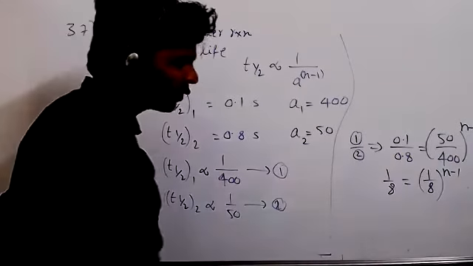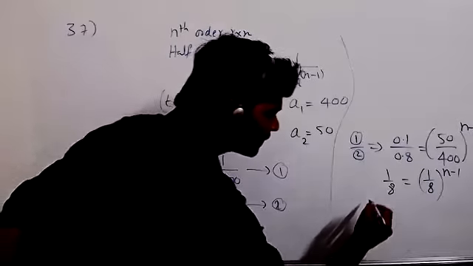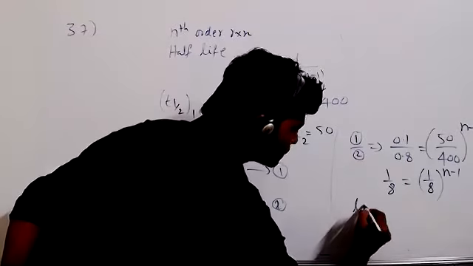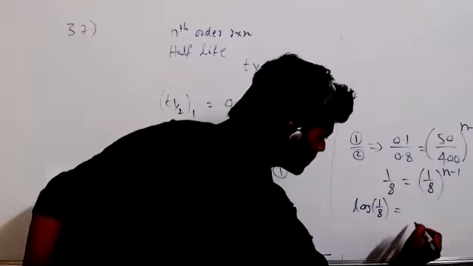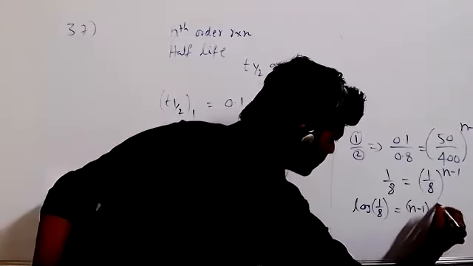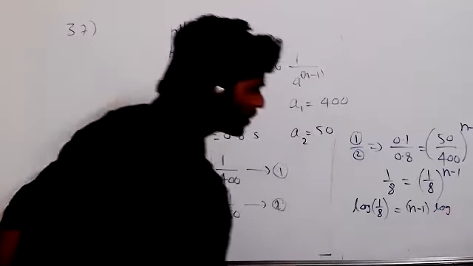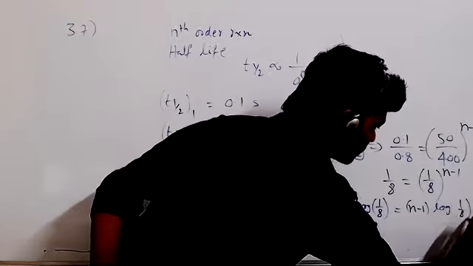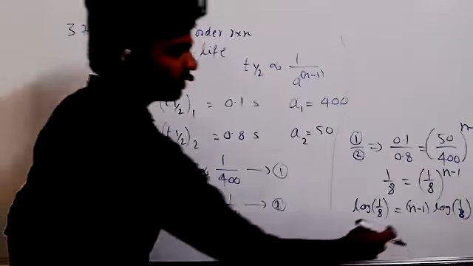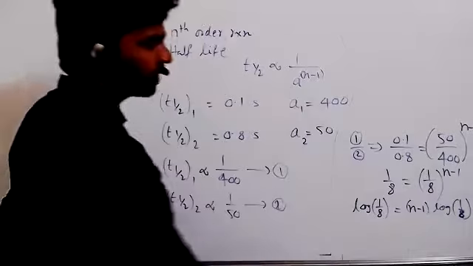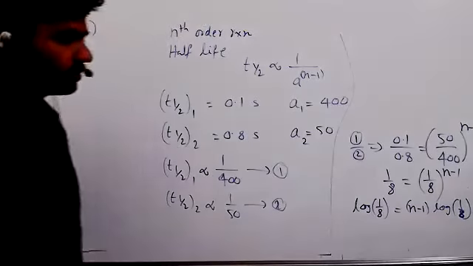So take log on both sides. This is log 1 by 8. This becomes n minus 1 log 1 by 8. Log of 1 by 8 whole power n minus 1 is n minus 1 times log 1 by 8. So log 1 by 8 cancels.